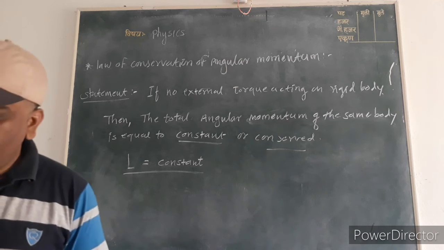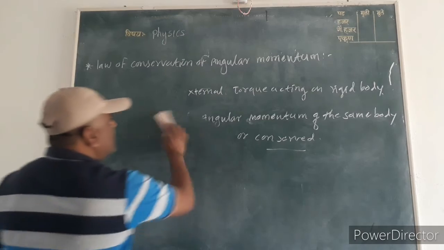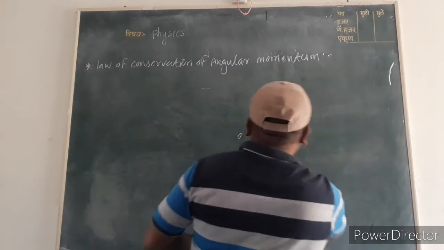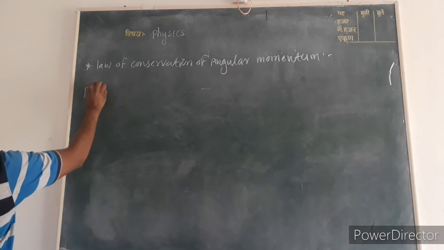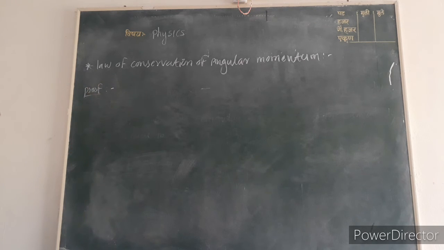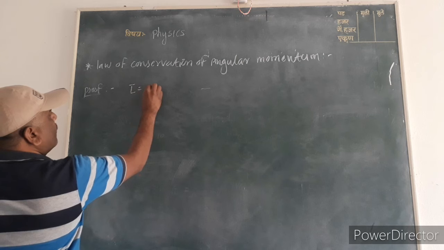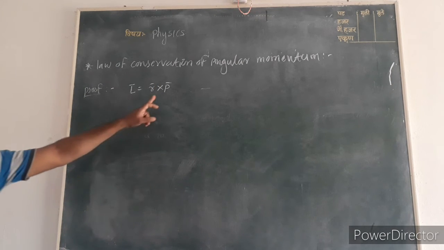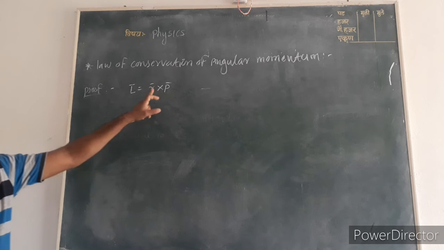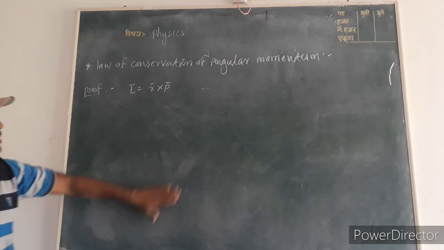Now we discuss the proof of that statement. According to the definition of angular momentum, L bar is equal to r bar cross p bar, where p bar is linear momentum, r is the position vector, and L is angular momentum.